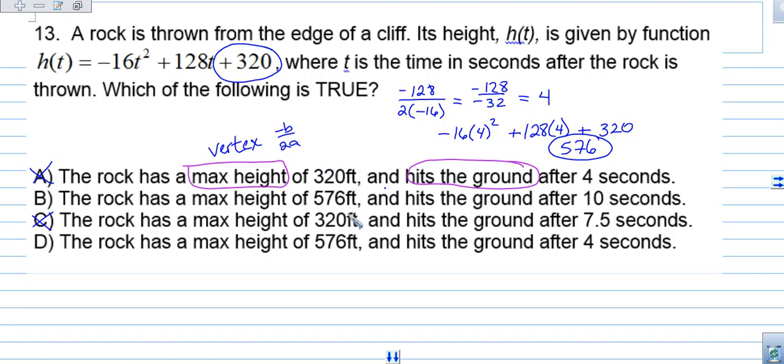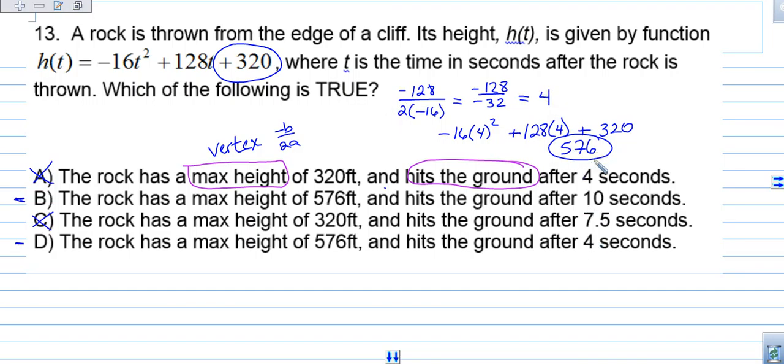So now we need to determine whether it's B or D. Is it 10 seconds or is it 4 seconds? Again, you can think about this logically. If it was 4 seconds, that means it hits the ground when it's at its maximum height.